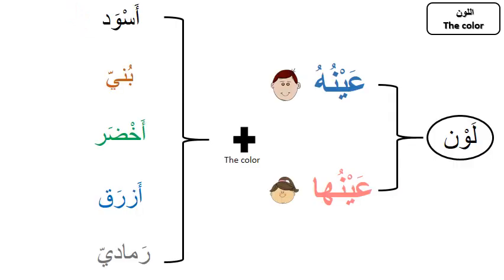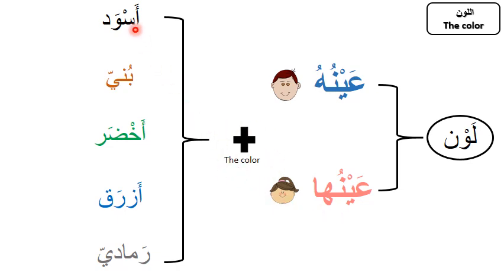And now, after we described the shape of the eye, we are going to describe اللون, the color of the eyes. How can we form a sentence to describe someone's eyes color? We are going to say لون, the color of عينه, عينها, his eye, her eye, followed by the color which is the adjective.